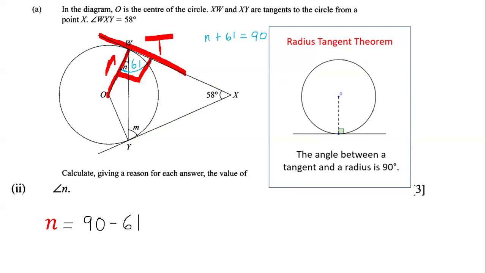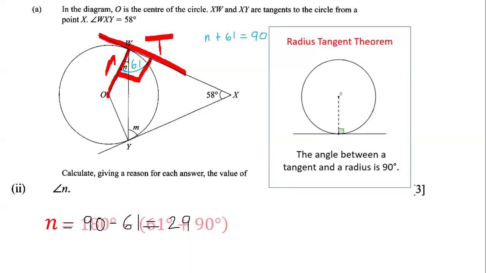And so 90 minus 61 is equal to what? 90 degrees minus 61 is 29. And so the answer is 29. That's how we got that n is equal to 29.